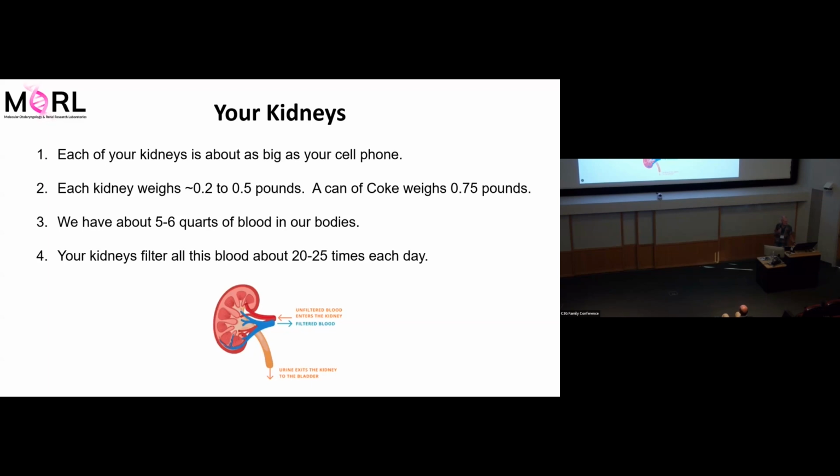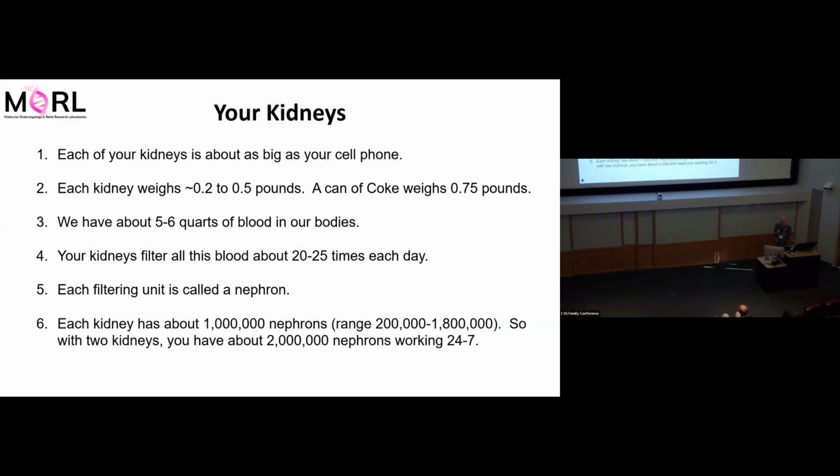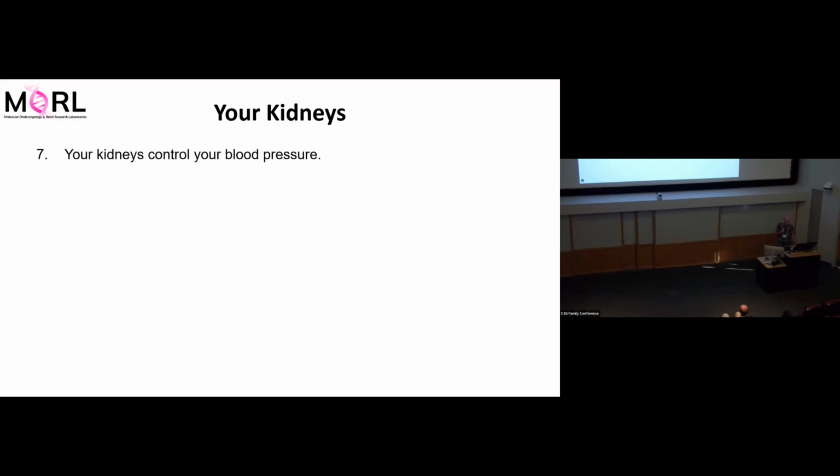So that's huge. In your kidneys, there are filtering units, and those filtering units are called nephrons. And each kidney has about 1 million nephrons, and there's a range. So all of us with two kidneys have about 2 million nephrons doing the filtering.